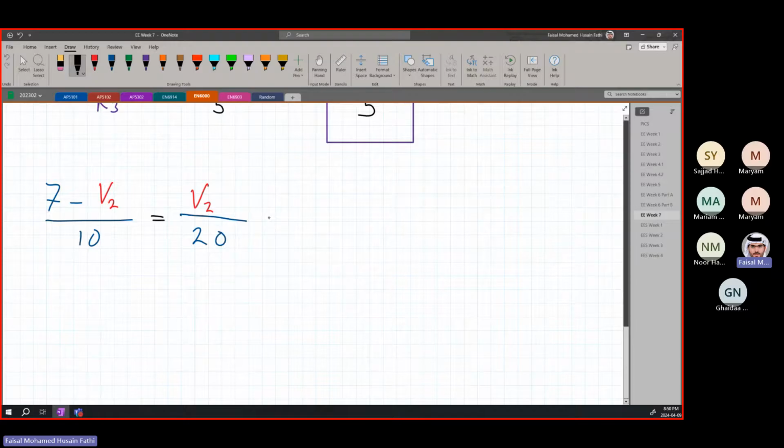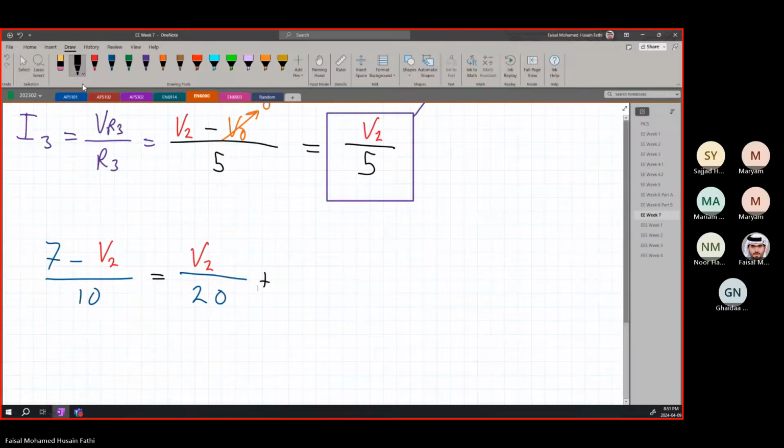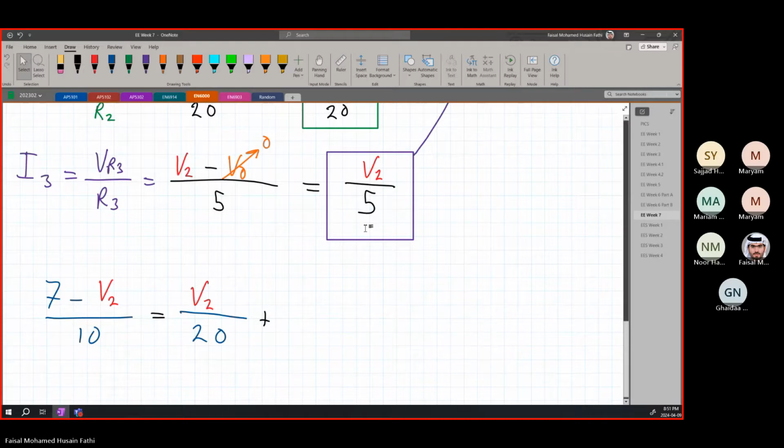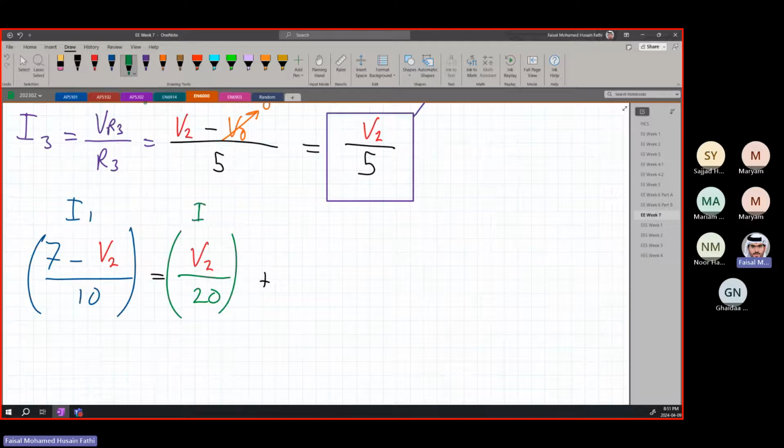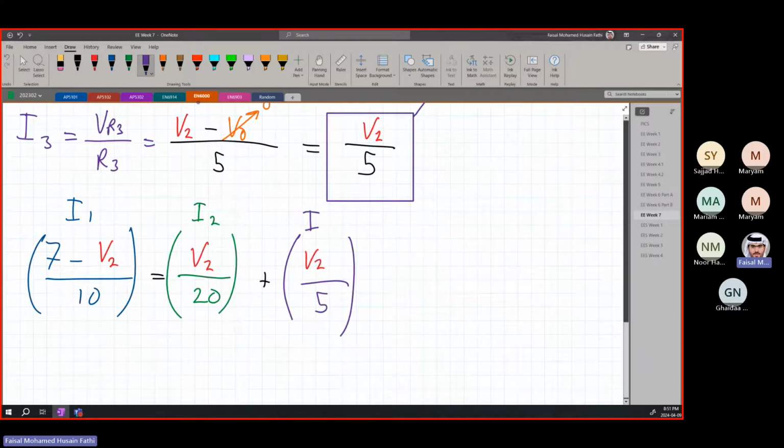I2 is in green, over 20. Reminder that this is I1, this is I2, and now we are going to find I3, which is V2 over 5.